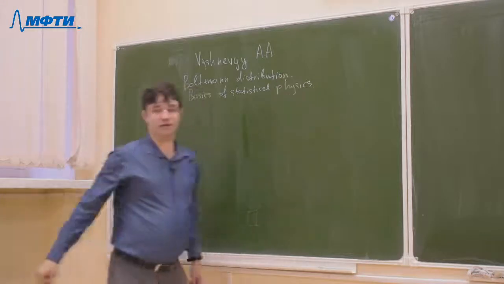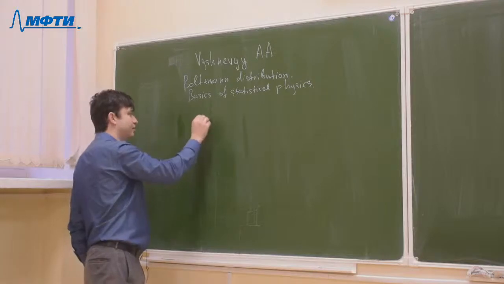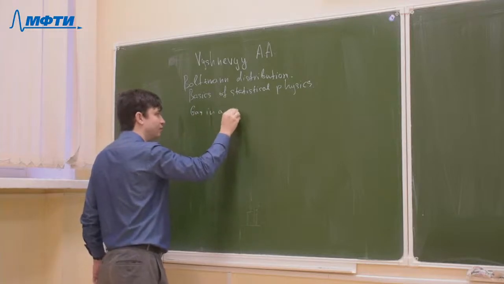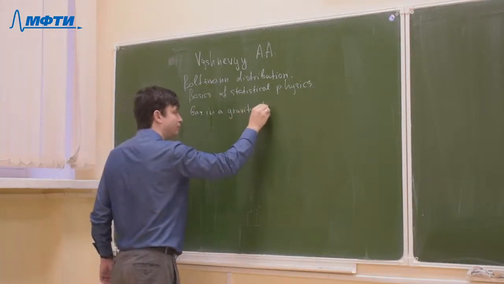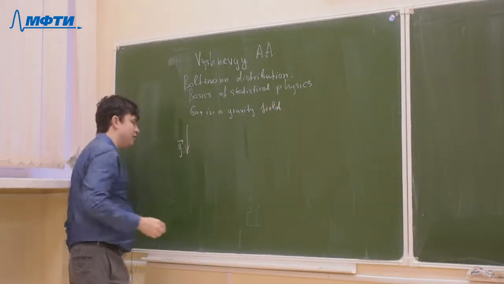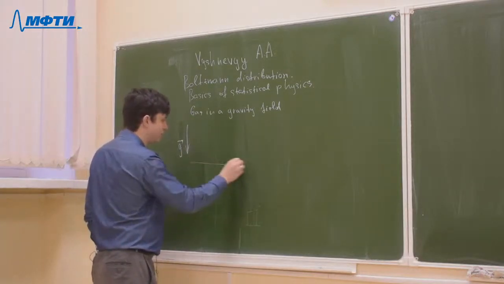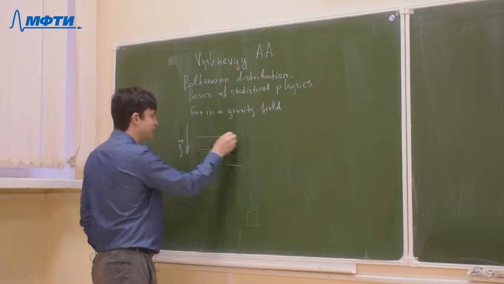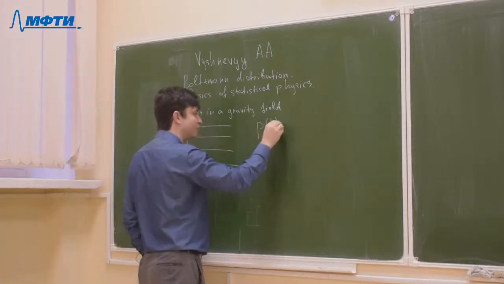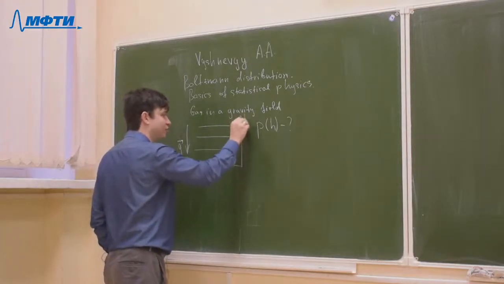Okay. In order to derive Boltzmann distribution, first we would like to consider a gas in a gravity field. So we have a free fall acceleration g, and also due to the presence of gravity, a pressure of gas becomes a function of height or a function of altitude.